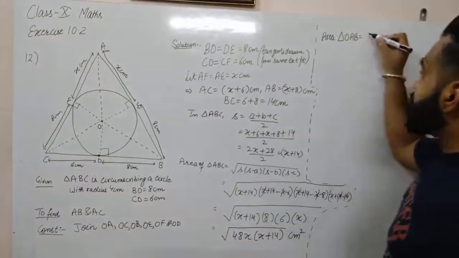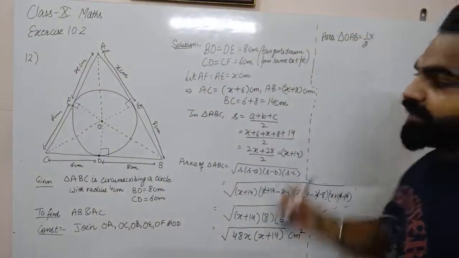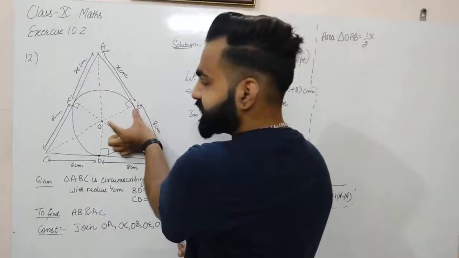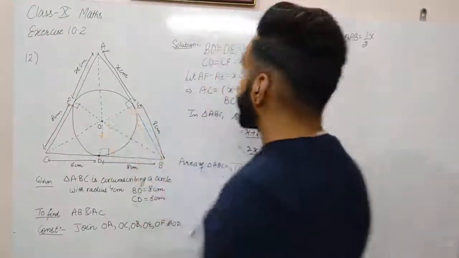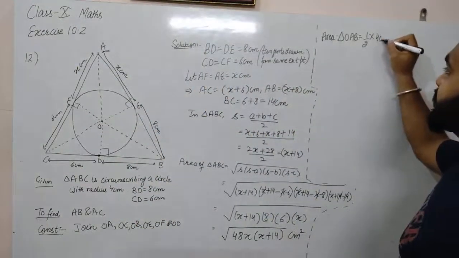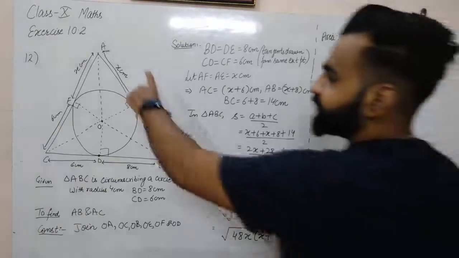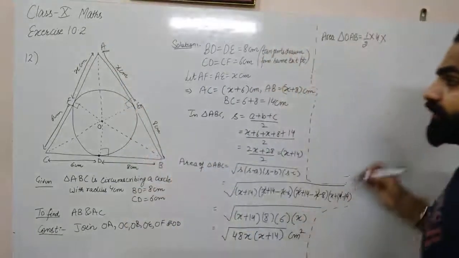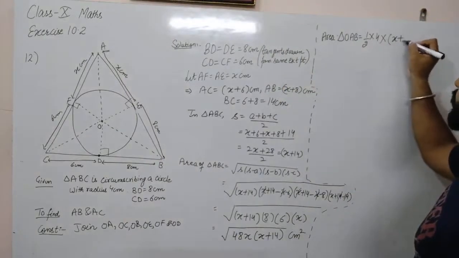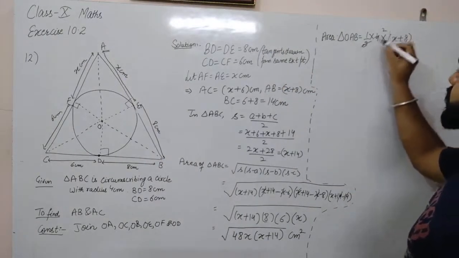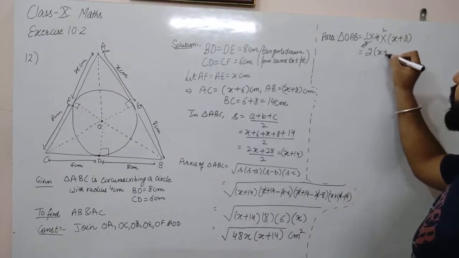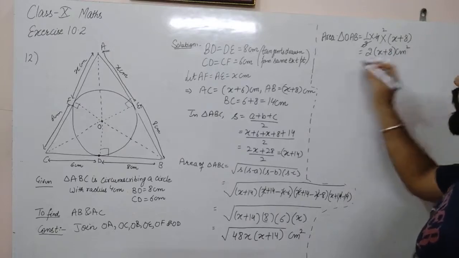So this will become half into, what is the height? This part is OE, and OE is equal to 4 centimeter because this is the radius of the circle. Half into 4, and what will be AB? AB will be x plus 8. So this will become 2 into (x plus 8) centimeter square.